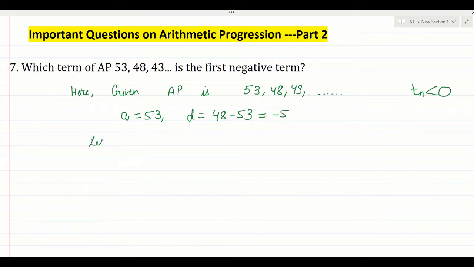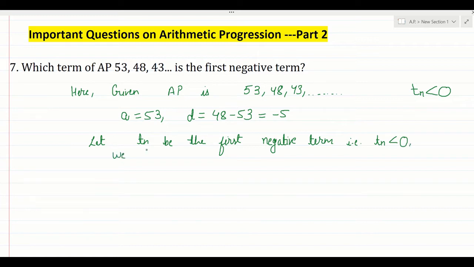You will say let Tn be the first negative term, that is Tn must be less than 0. Isn't this?